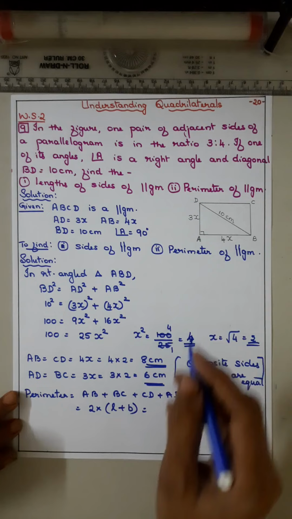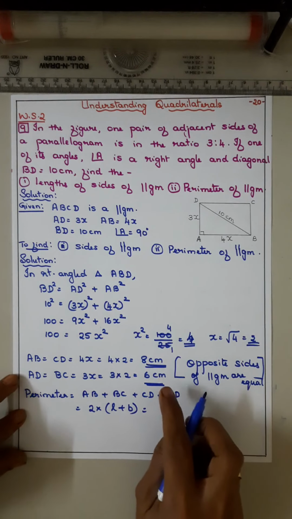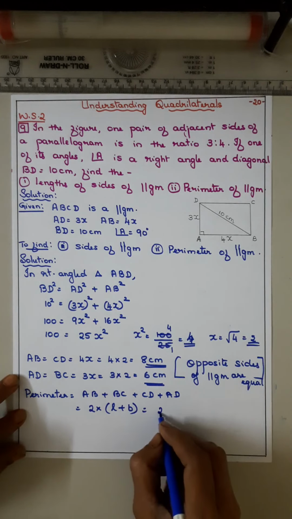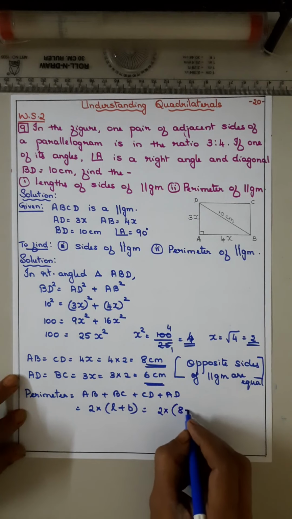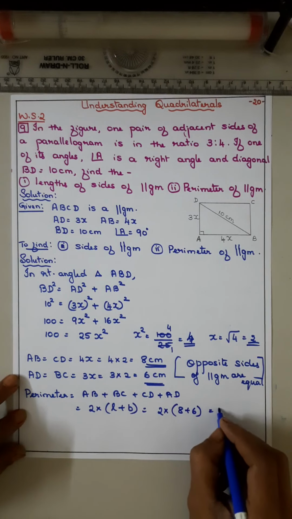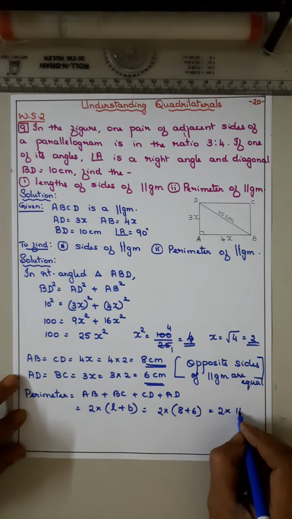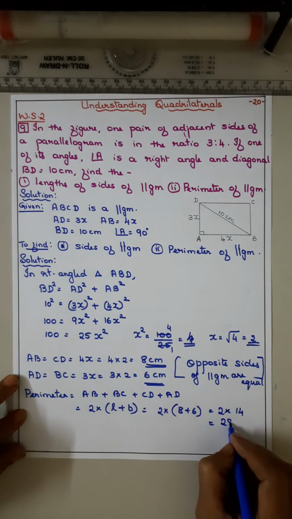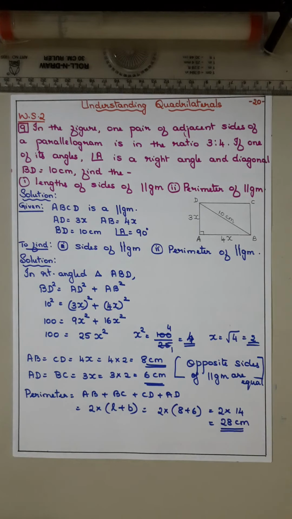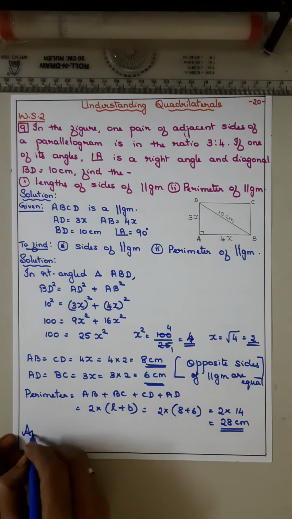So, if you take length as AB, that is the bigger one, 2 into 8 plus 6 is equal to 2 into 14, that is 28 centimeter. Understood? Easy, isn't it?